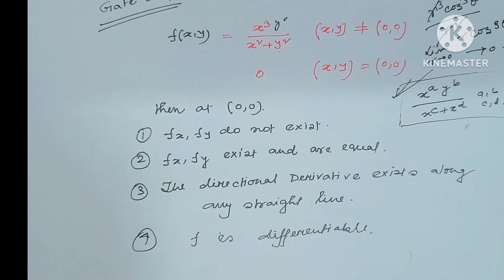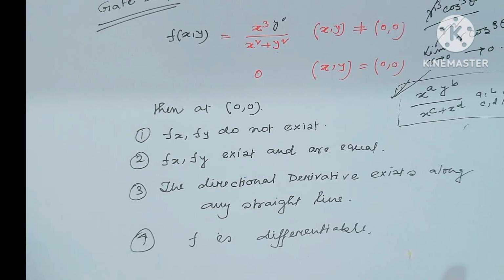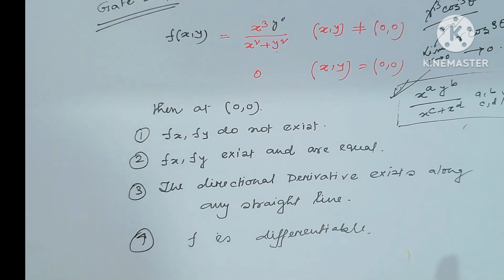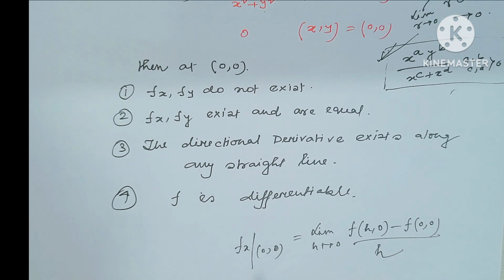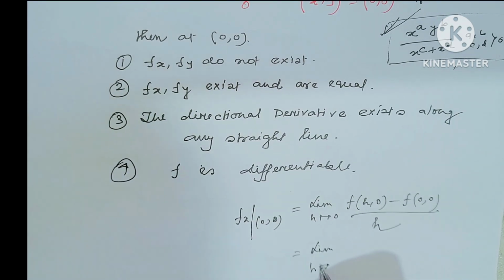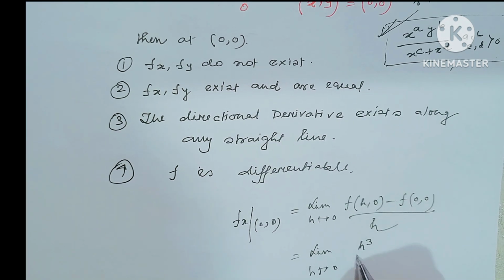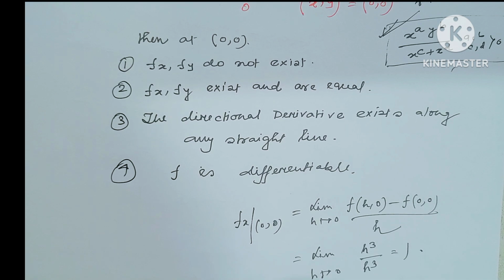Next I will look at the partial derivatives, then I will look at differentiability and the directional derivative. The partial derivative with respect to x is the limit as h goes to 0 of h cube over h cube, and this value is 1.